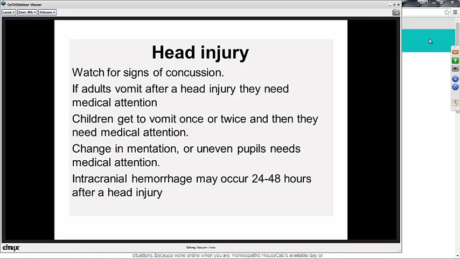Yeah. Well, one of the cases that I can think of that I had after a head injury was a young man who worked on transformers, and he stood up and hit the top of his head on something in the transformer area.